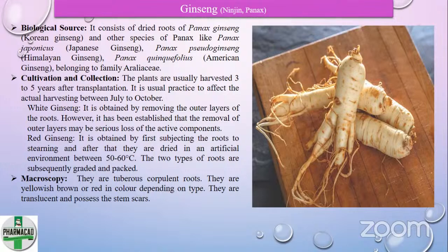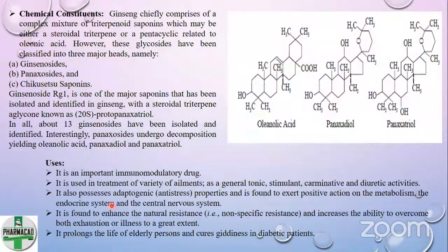Major chemical constituents are a complex mixture of triterpenoidal saponins, which may be either a steroidal triterpene or a pentacyclic related to oleanolic acid. They are classified as ginsenosides, panaxosides, and chikusetsu saponins. Now, ginsenosides are one of the major saponins that have been isolated and identified in ginseng.